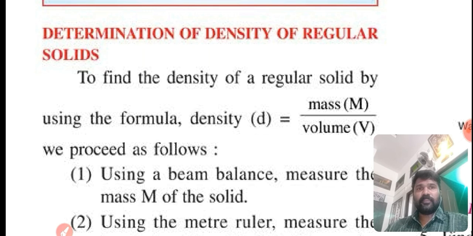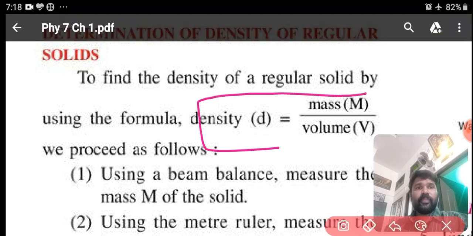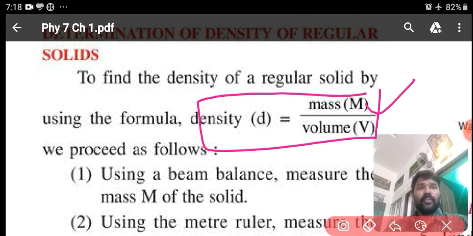In the last section we discussed how to find the density D by using the formula D is equal to m upon V. Here is the formula: density D is equal to m upon volume. To find the density of a regular solid using this formula, we have to follow some important points.